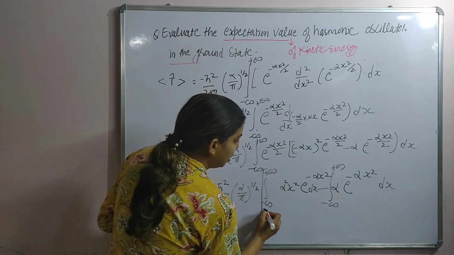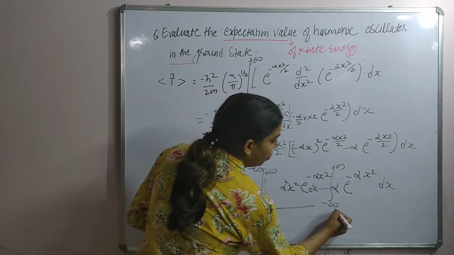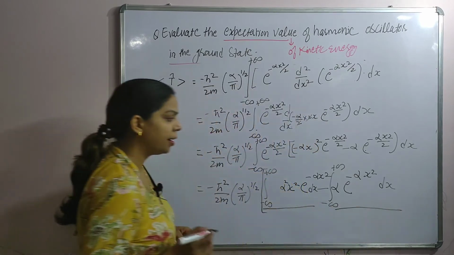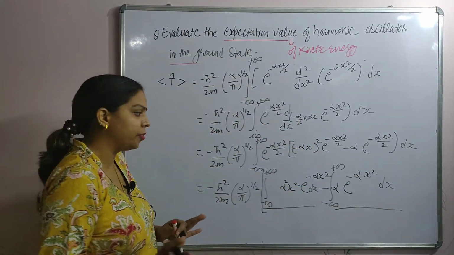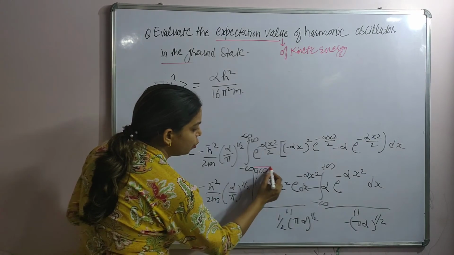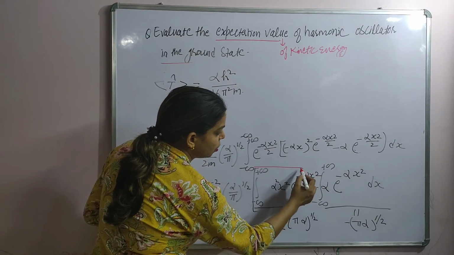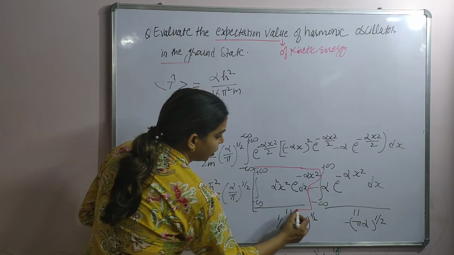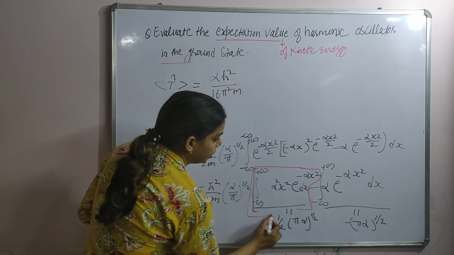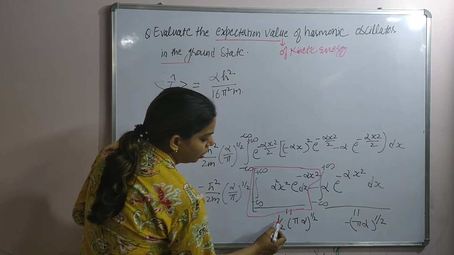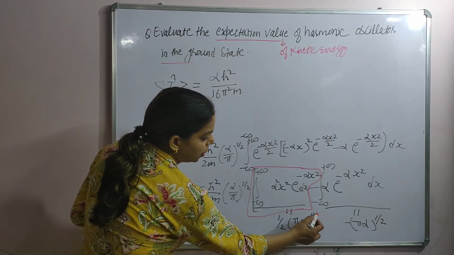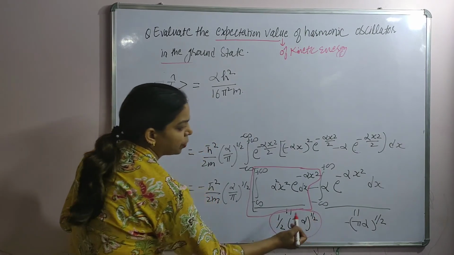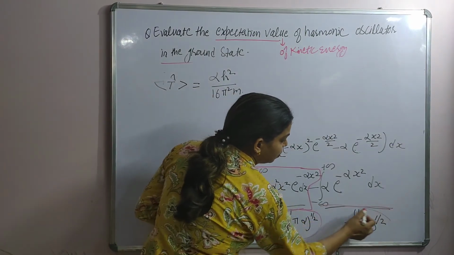So we have values for these two standard integrals, which are already provided. One is this one, its value is equal to 1 by 2 times (pi by alpha) raised to power 1 by 2, and for this integral we have this value.